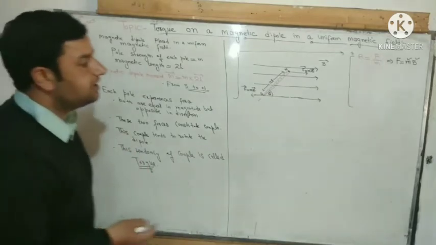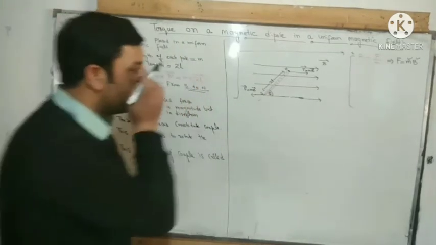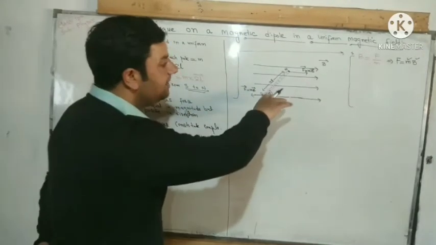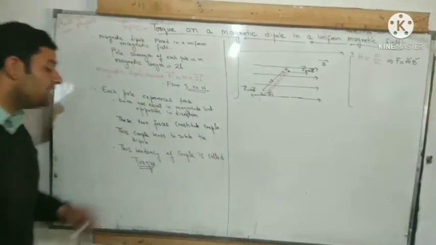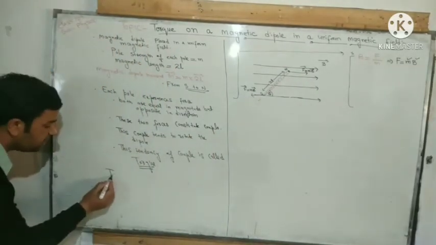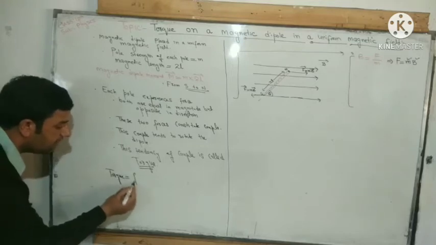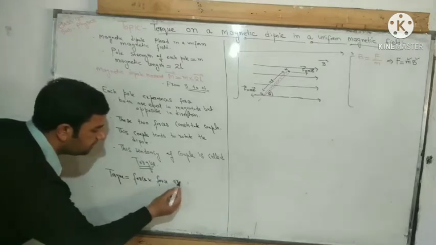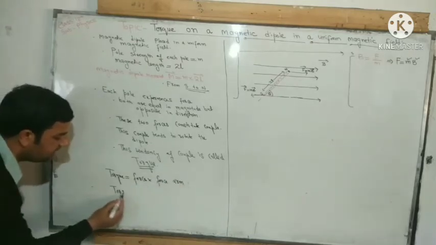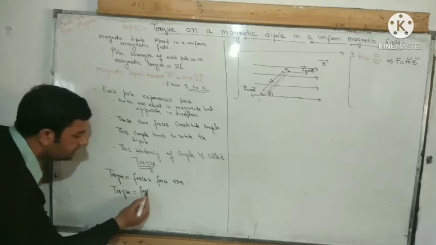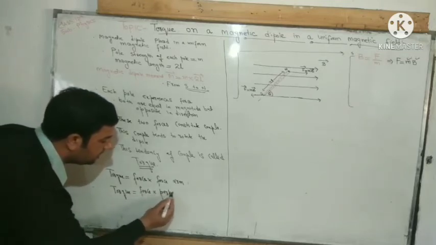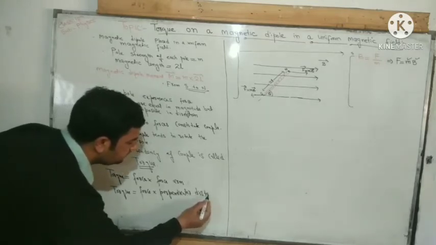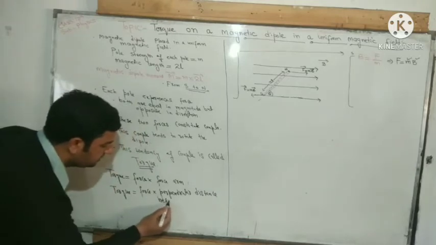So what will be the torque on this magnetic dipole in a uniform magnetic field? This torque tends to rotate the dipole in the magnetic field. Torque is equal to force into perpendicular distance between the two forces.